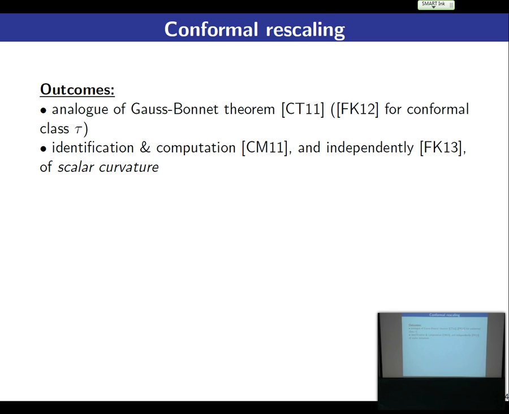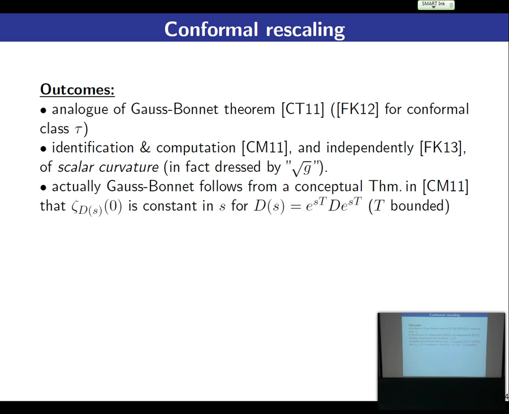And for an arbitrary conformal class, it was done by Fathizadeh and Khalkhali, with identification and computation in these papers, by Connes-Moscovici and also the same authors independently, of the scalar curvature itself, not just integrated. Well, we shall see that it's not really the scalar curvature, but a slightly dressed scalar curvature, as you expect, dressed by the square root of G, essentially.